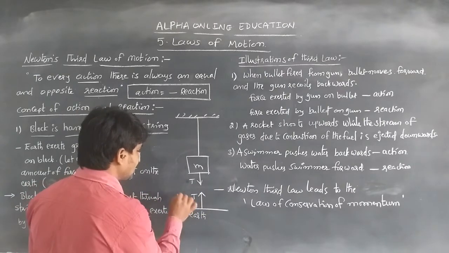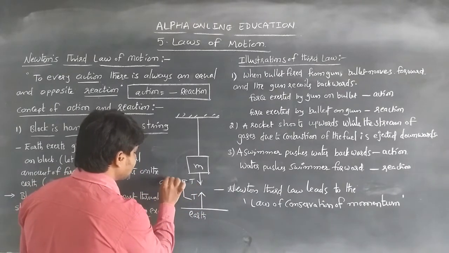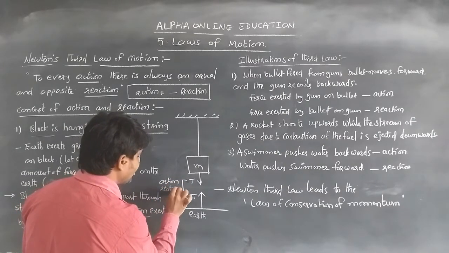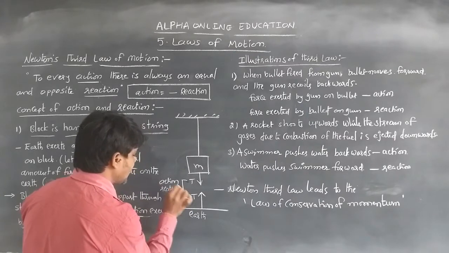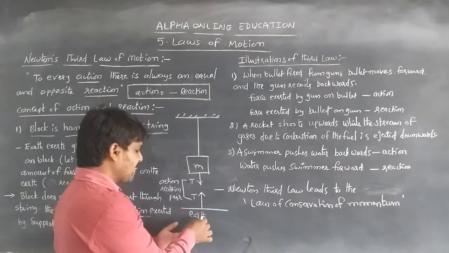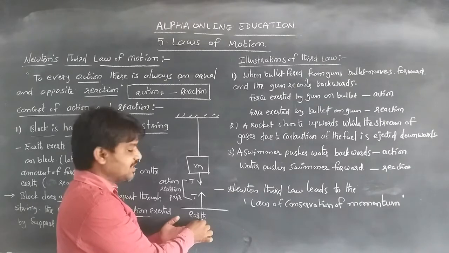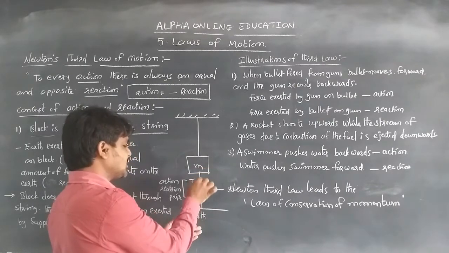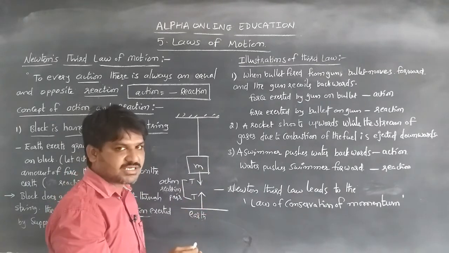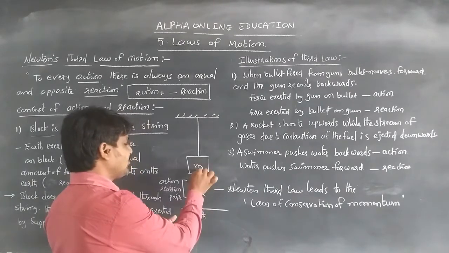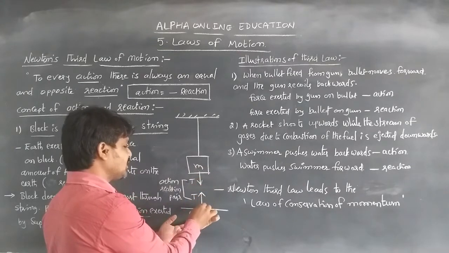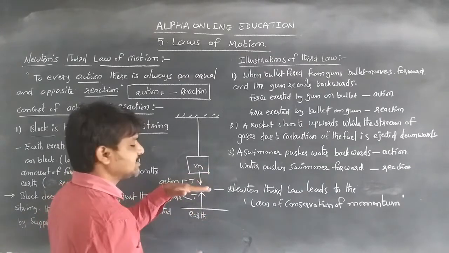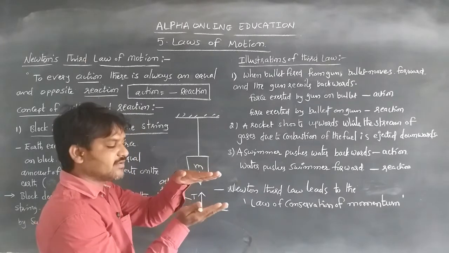So this is considered an action-reaction pair. When the earth exerts the gravitational force on the block, that force is considered the action, and the equal amount of force the block exerts on the earth is the reaction, so the block stays at rest.